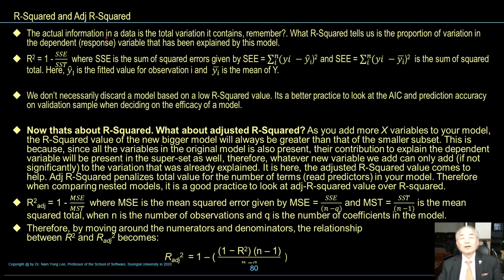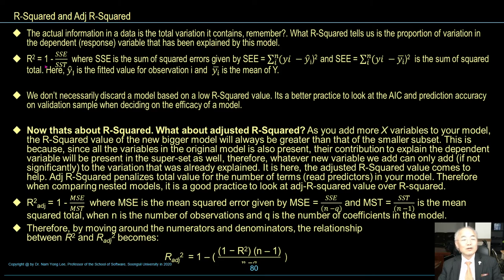R square and adjusted R square. The actual information in the data is the total variation it contains. Remember, R square tells us the proportion of variation in the dependent variable, the response variable, that has been explained by this model.